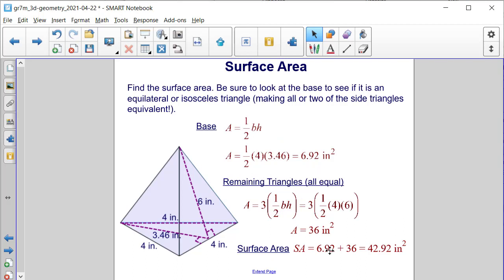And again, we do have a final surface area of 42 92 square inches after finding the area of our base as 6 92 square inches, and then the area of each lateral face being 12, and then because there are 3 of those triangles going around and they are all the same, we can multiply that 12 by 3 to get 36 here. And if we add them up, we get 42 92 square inches.